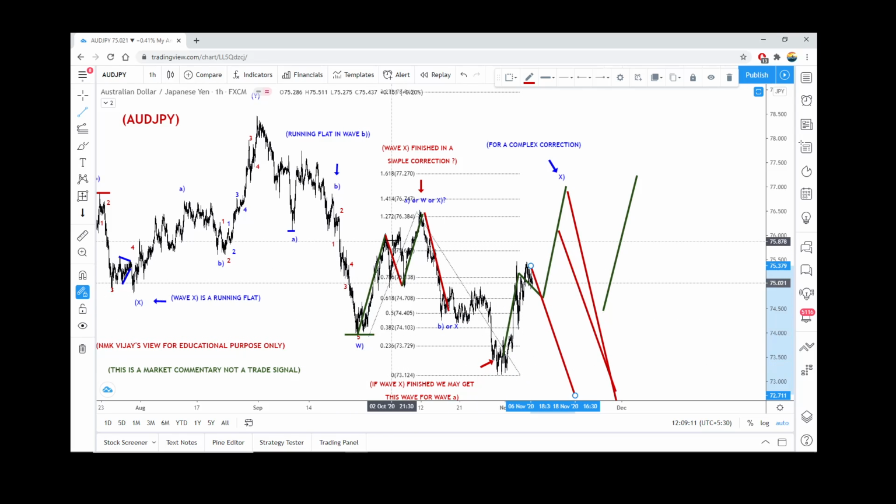So either it could drop like this, after the three-wave structure it can do like this and then drop. Either that drop may be an irregular flat or running flat, or it could be an expanded flat.